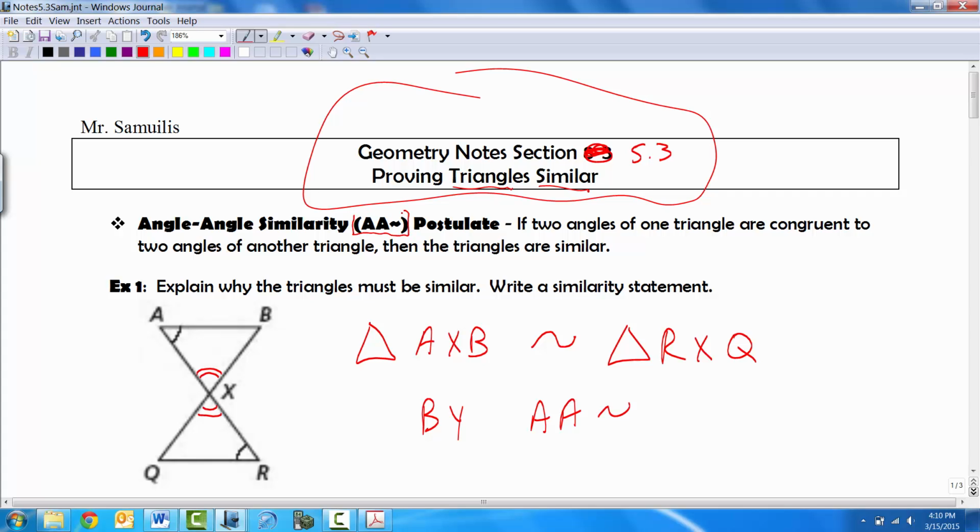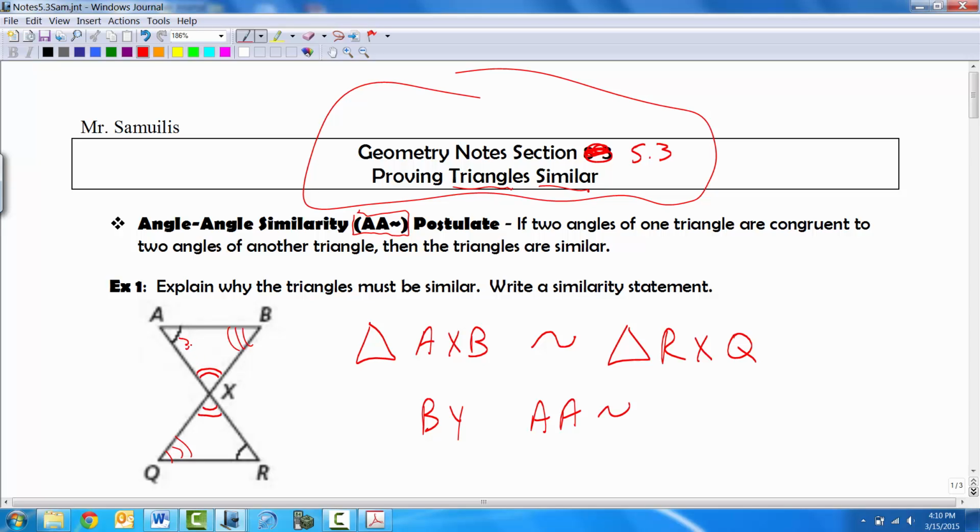Let's start off with AA. What AA says is if I have two triangles where one angle is equal to another angle and another angle is equal to another angle, so two sets of angles are congruent, that is all you need to know that those two triangles are similar. Basically, AA really could be called AAA because we know three angles in a triangle add up to 180.